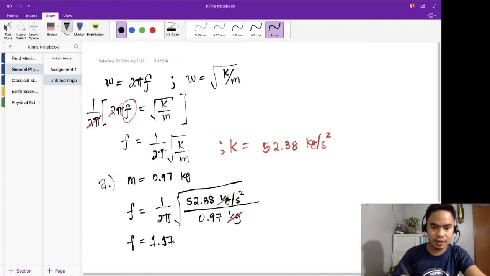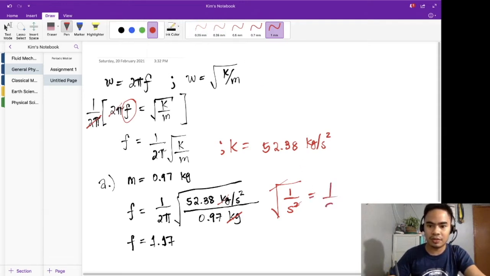So you have a frequency of 1.17. Now I will show what happens to the unit in the radicand. You have 1 over second squared, and since you take the square root, the second will just come out.